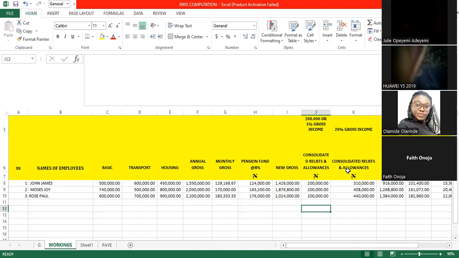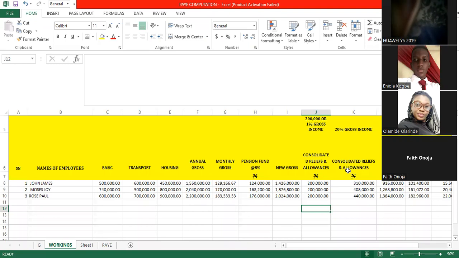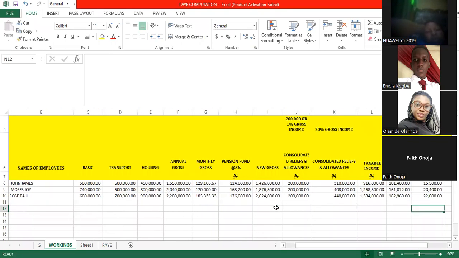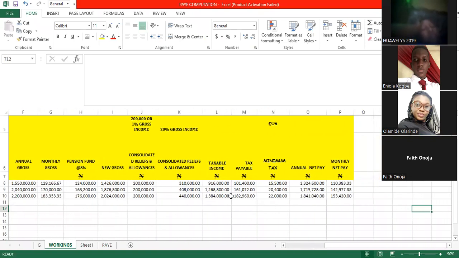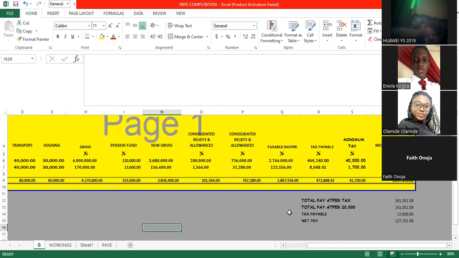But if I share my worksheet with you, there's a way I've done it. So let me show you. Let's assume we have calculated this particular figure as income tax. This is where we're supposed to apply our PAYE formula.